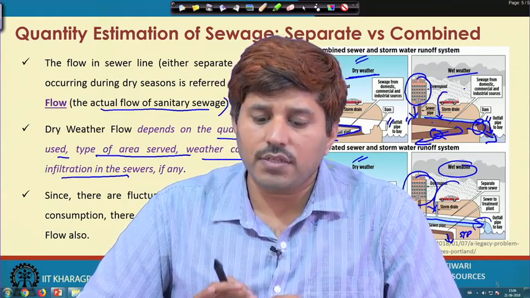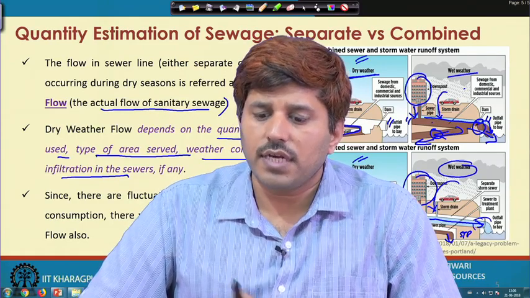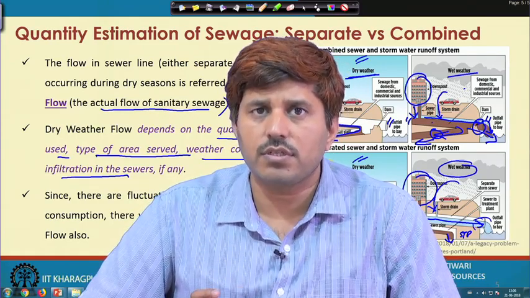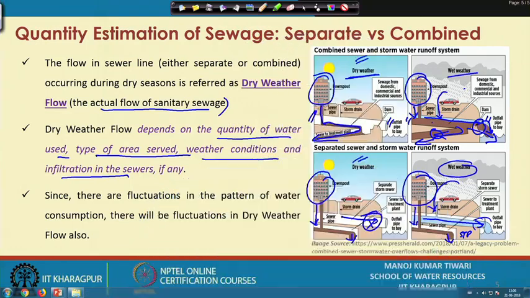Now, the most important component of dry weather flow is the wastewater or sewage generated from municipal areas. But the water consumption pattern of residential or commercial areas also fluctuates. In summer you will have a higher degree of water consumption, leading to higher wastewater generation; in winters you will have lesser water consumption, so less waste generation. There are yearly, monthly and daily fluctuations.